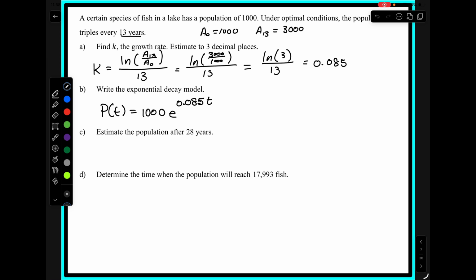Now using this model for part C, we're just going to evaluate it at 28 years. We're going to estimate the population after 28 years. So starting off with 1,000 fish, increasing at an exponential rate of 0.085, we're going to replace t with 28.